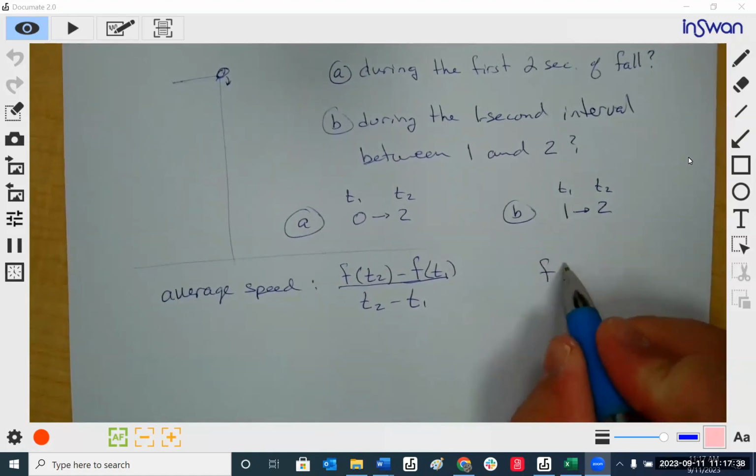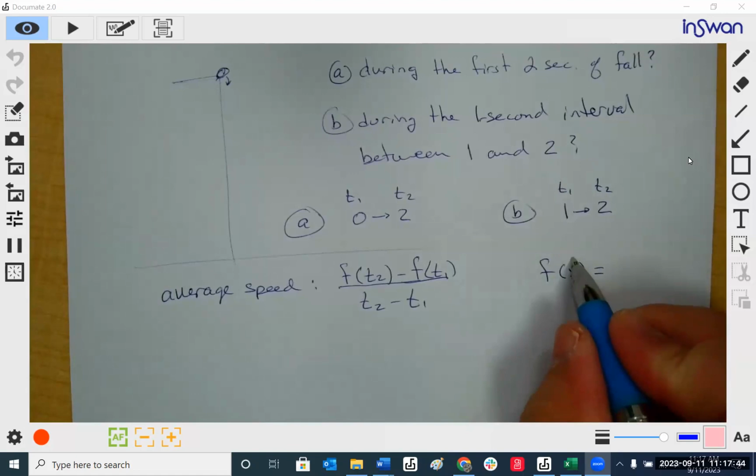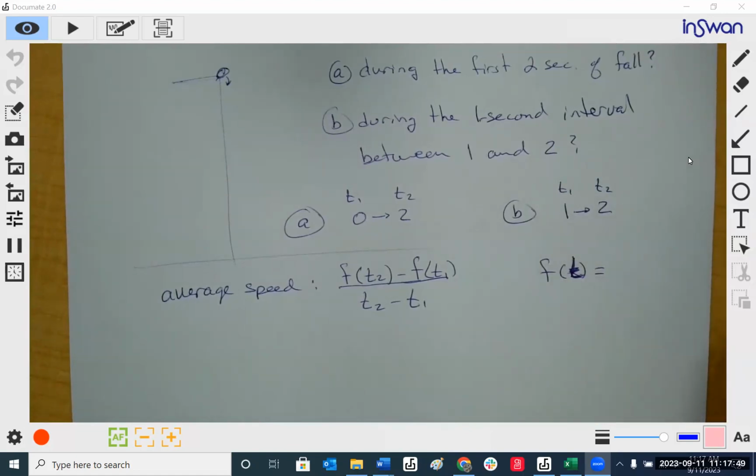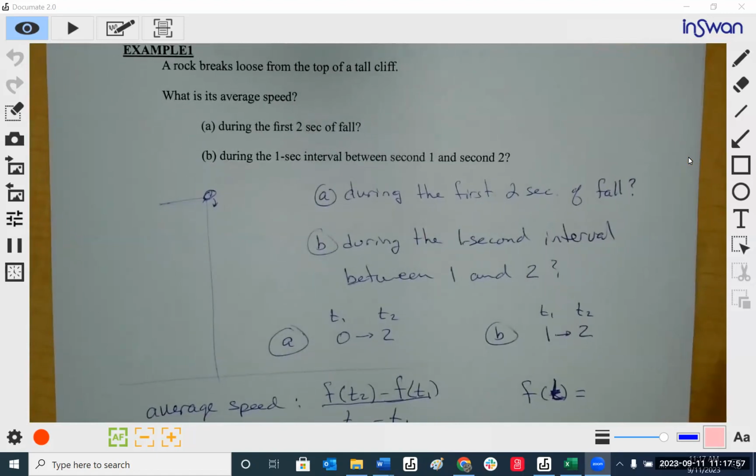Now the question, what is our function? Actually, it's a function of time, I should say, T. What function are you dealing with? No, that's what we're looking for, but we have to have some function defined here.